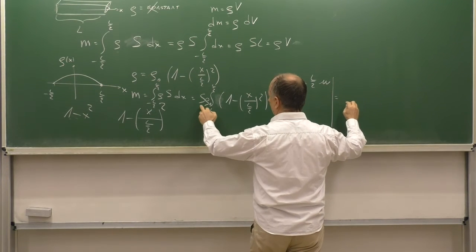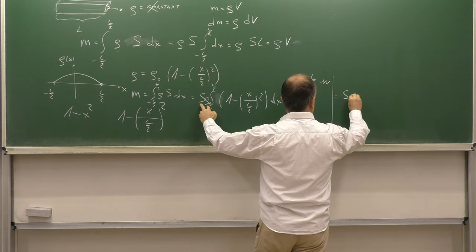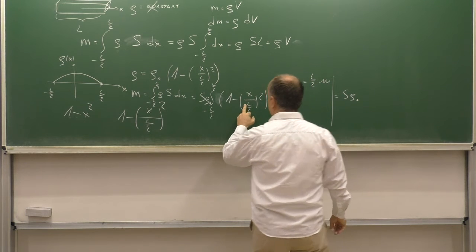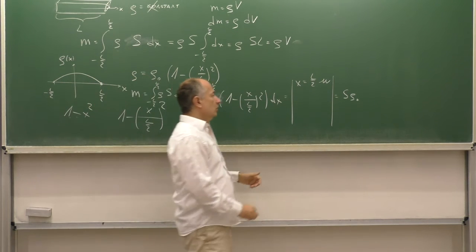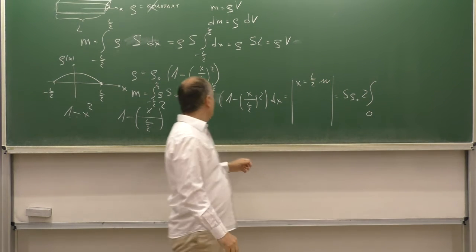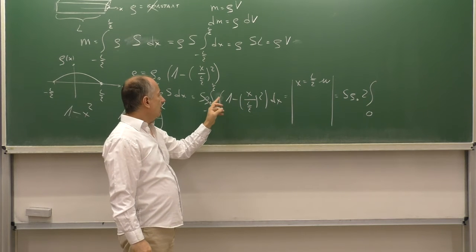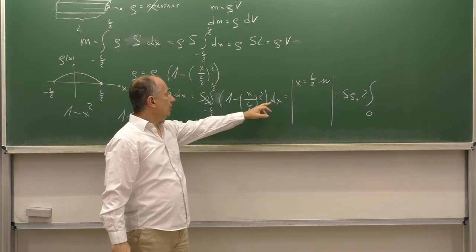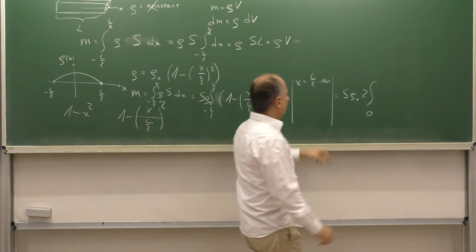And then the integral is S rho 0 before the integral, and this is an even function integrated over a symmetrical interval. So we can take 2 times the integral from 0 to this point. When x starts at 0, u starts at 0 as well. And when x goes up to L half, then u goes up to 1.